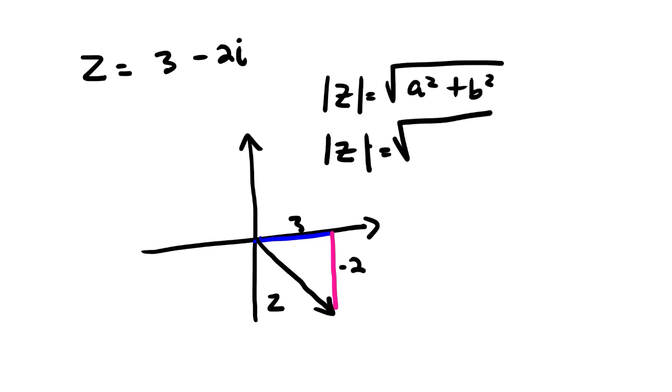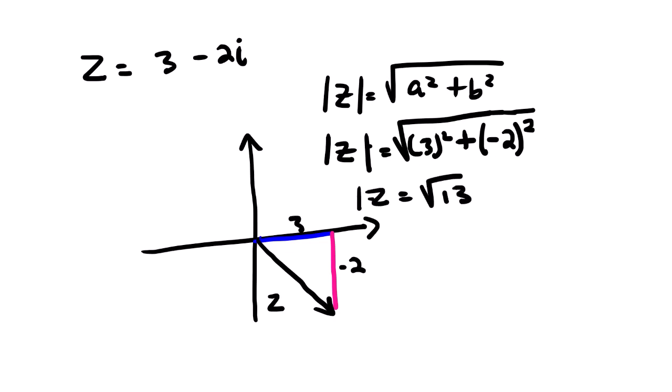So we take 3 squared plus negative 2 squared. It doesn't matter whether you include this negative or you exclude it, but just make sure you put the brackets when you include the negative. I always put brackets whether it's positive values or negative values. This will give us square root of 13. So this is the modulus.